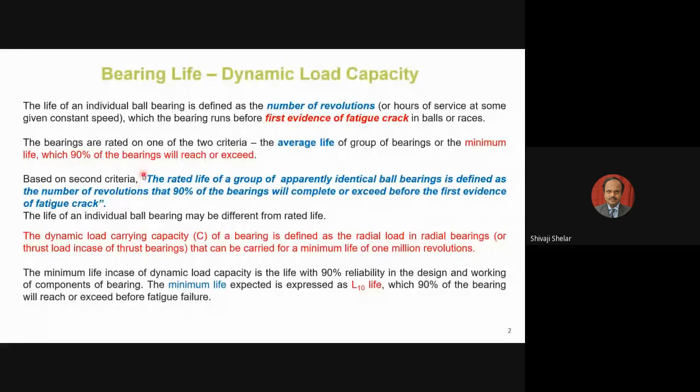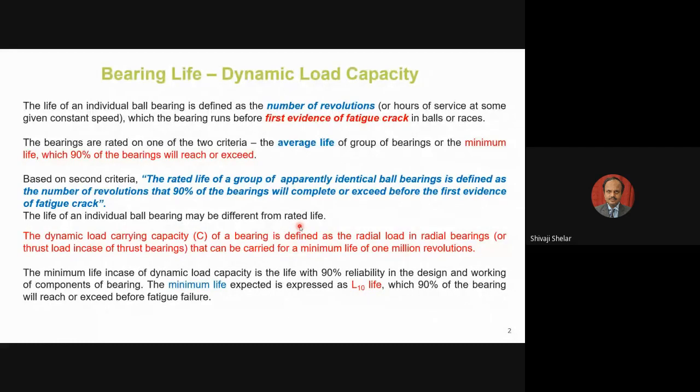Understood? This definition is very important when we are selecting a bearing, and most of the data is based on this rated life of L10, that is, 90% reliability. The life of an individual ball bearing may be different from the rated life.